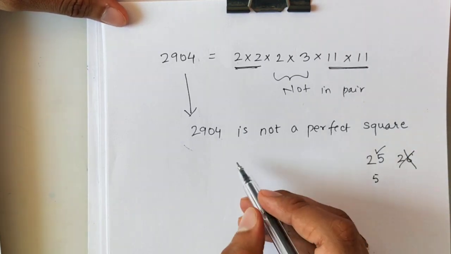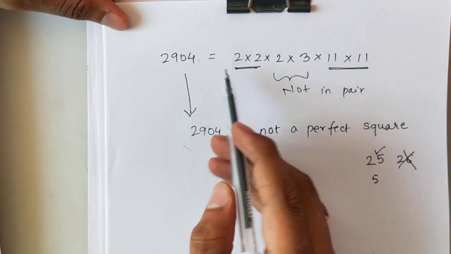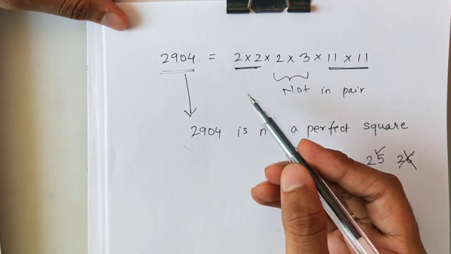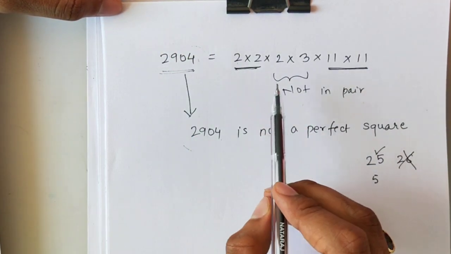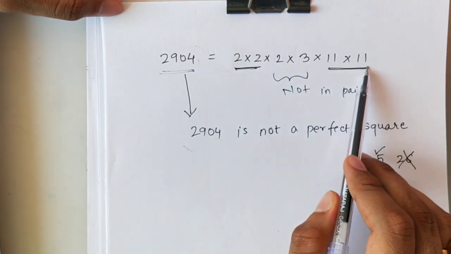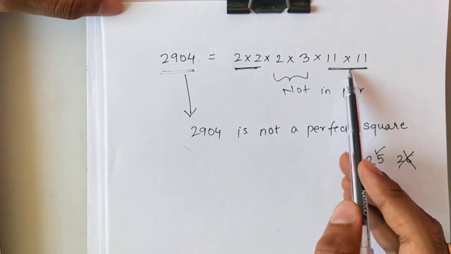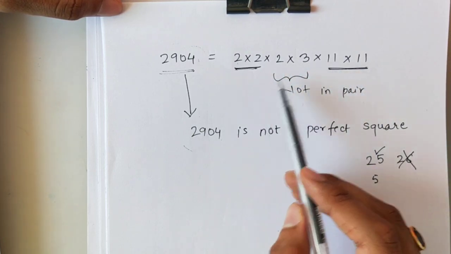So I purposely gave this question to you because in the exam they will give you a number and they may ask you whether 2904 is a perfect square or not. So we have to do the prime factorization. We'll write the factors like this and we'll make pairs. If we are able to make all numbers in pairs, then it is a perfect square.